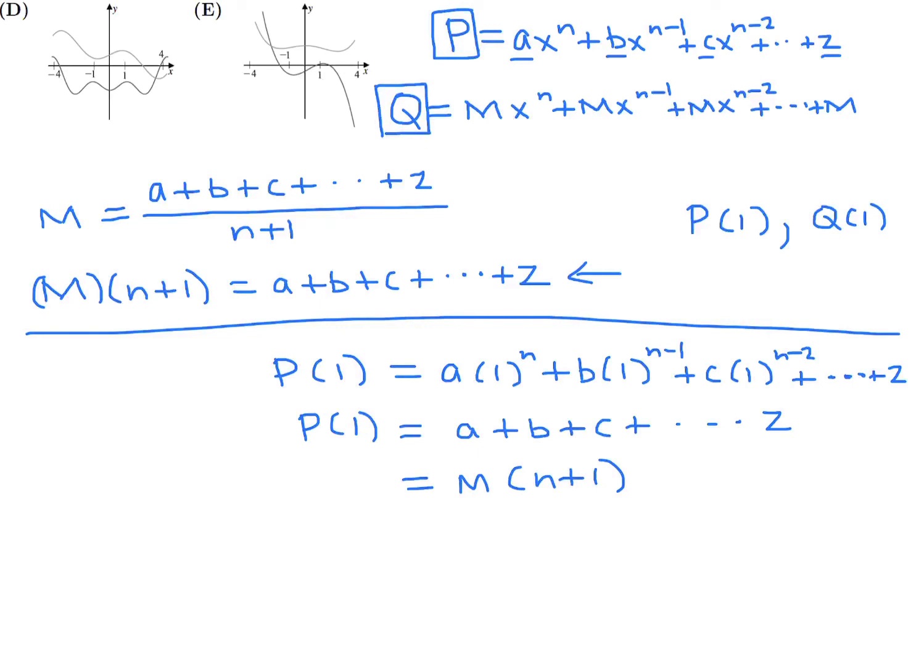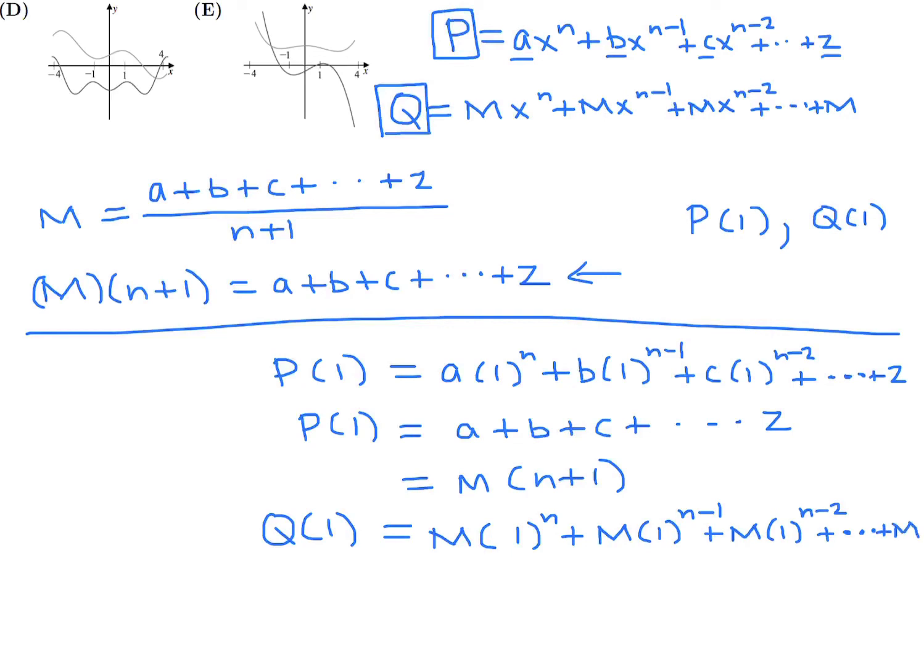All right? Now let's do the same thing for q. Let's find q at 1. When x is 1, what is the value of q? Well, it will be m times 1 to the power of n plus m times 1 to the power of n minus 1 plus m times 1 to the power of n minus 2 plus ... plus m at the very end. This just becomes m plus m plus m all the way to m. Well, how many m's are there?